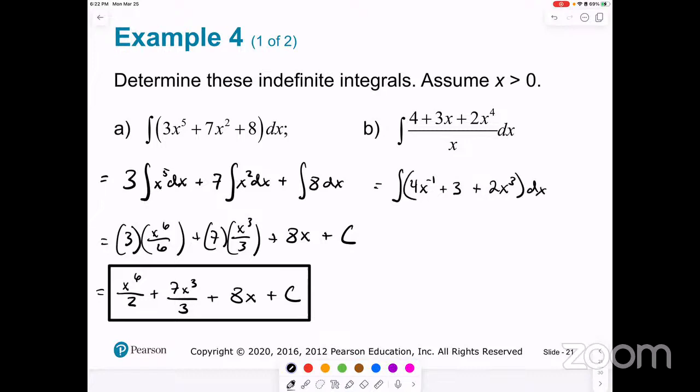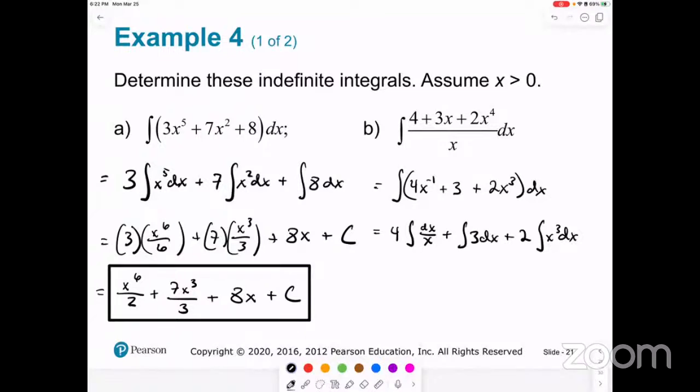So then we can rewrite this as 4 times the integral of dx over x, plus the integral of 3 dx, plus 2 times the integral of x cubed dx. All right, so those are the separate integrals.